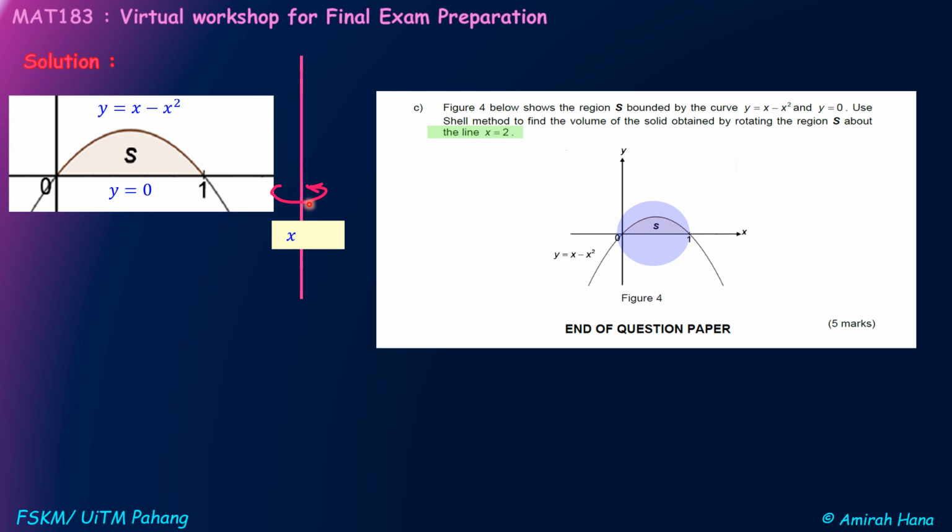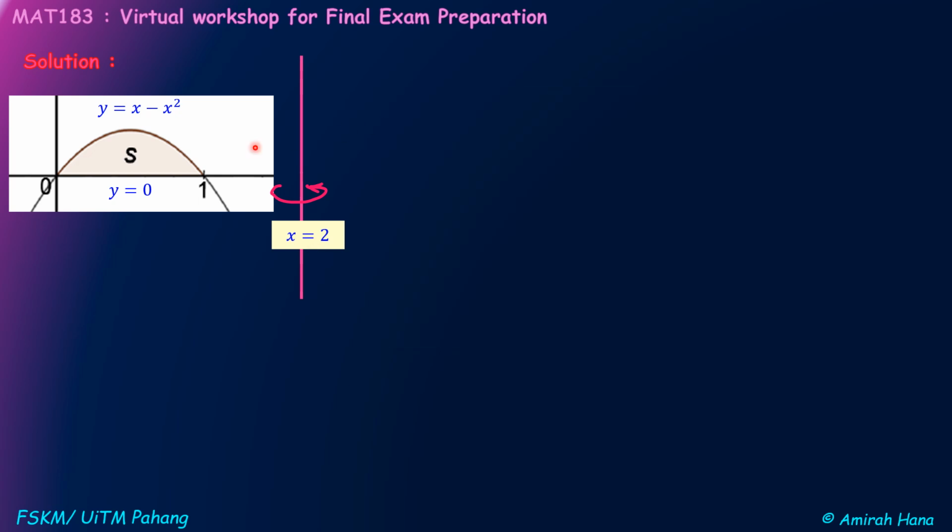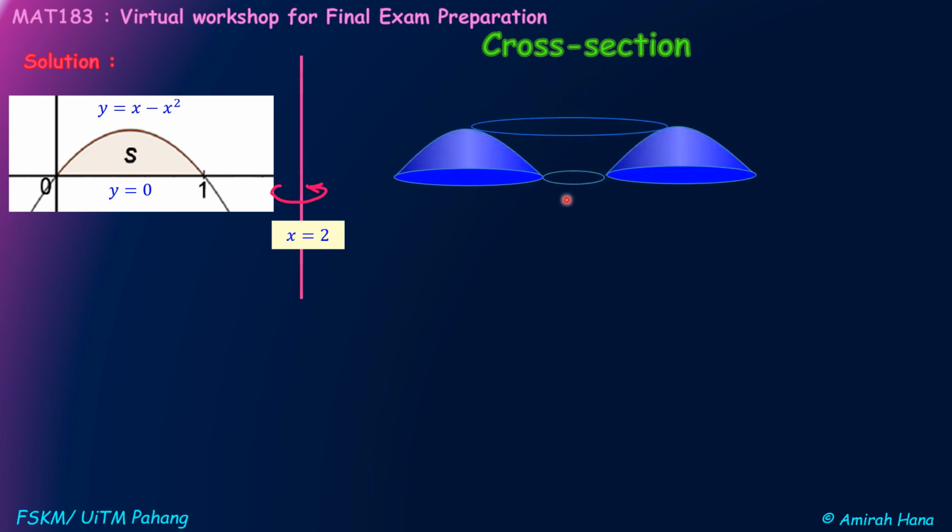So this is the axis of rotation, which is line x equals to 2, right? Okay, after this shaded region is revolved about this line, we will get this object. This is the cross section, okay? And then this is the axis of rotation, which is line x equals to 2, right?